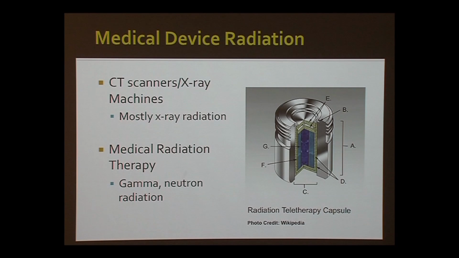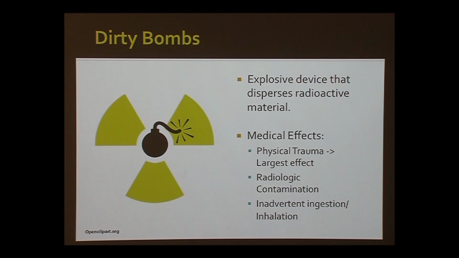I'm not going to spend, again, a lot of time on medical device radiation. We talked quite a bit about that, the Guyana incident with the teletherapy capsule. And the type of radiation we may expect to be gamma and neutron radiation, strong, penetrating radiation that can cause problems. The dirty bomb is a distinct type of radioactive device that is very different from a nuclear weapon.